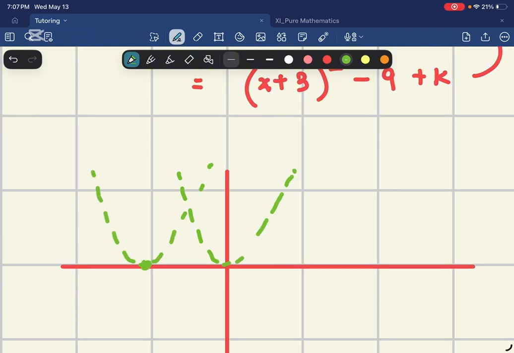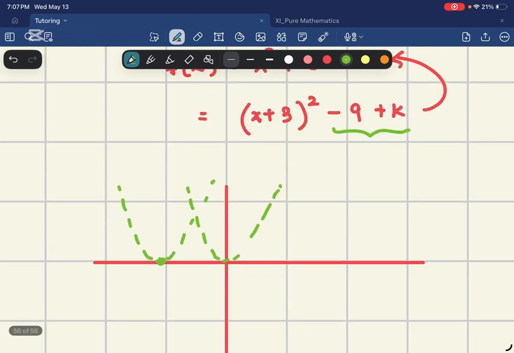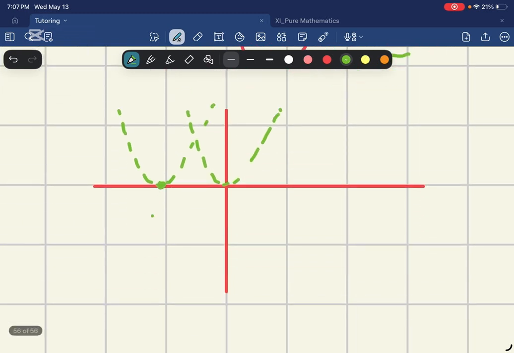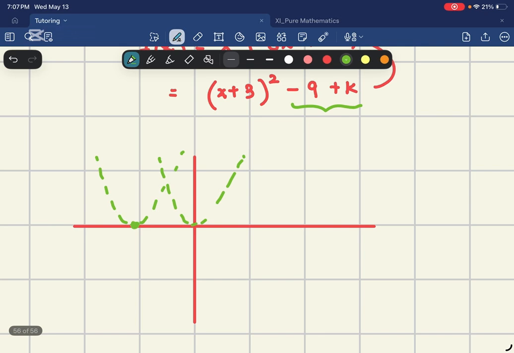And then you're shifting it by minus 9 plus k. We don't know what that is. It could be positive, it could be negative. But this is going to shift exactly by whatever minus 9 plus k is. So if it's negative, you're going to shift down. If it's positive, it's going to shift up by minus 9 plus k units. So this vertex point is going to move to minus 9 plus k.